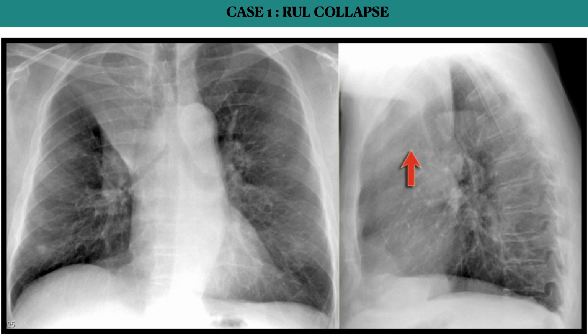Then, regarding localization, we can see that the right hilum is elevated, and the collapsed lung is dense. We can see a triangular density in the right upper lobe.